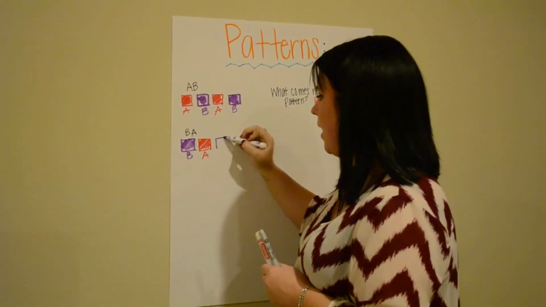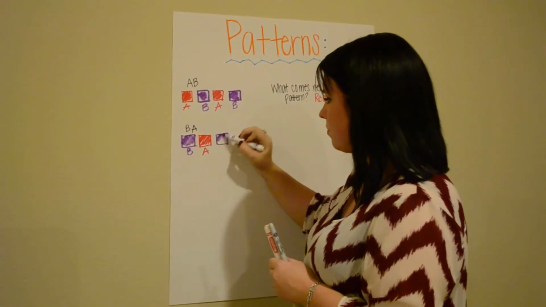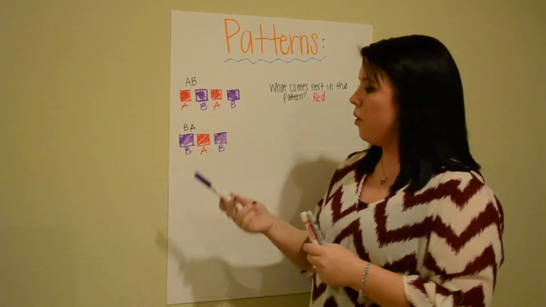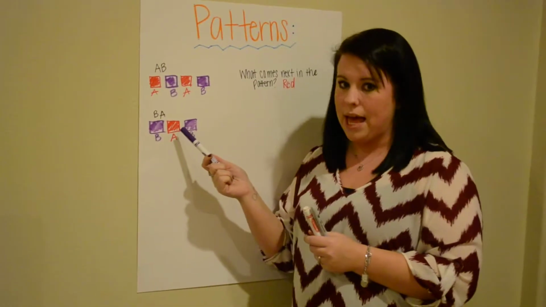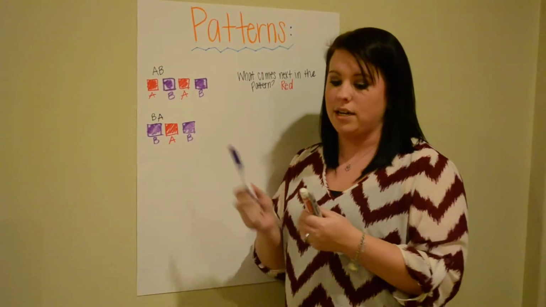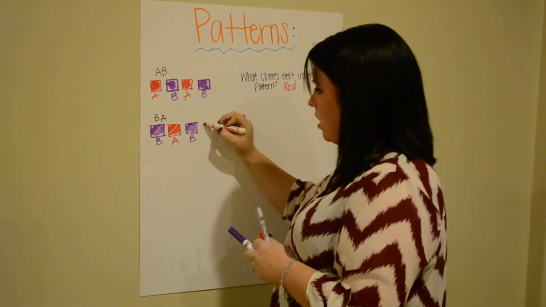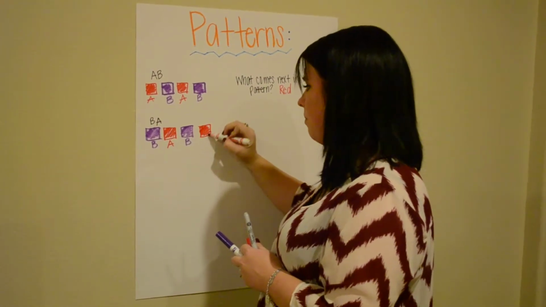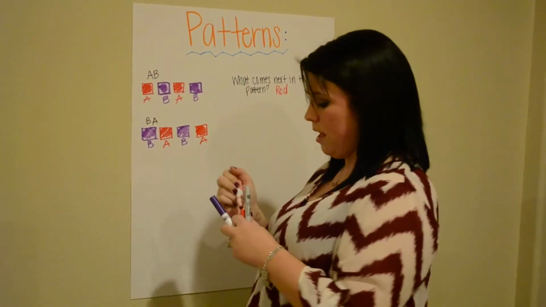So again, we're going to make a purple square and label it B. So if we have purple, red, purple, just like before, again, it's going to be red for A. So we're going to make our square, color it in, and label it A.